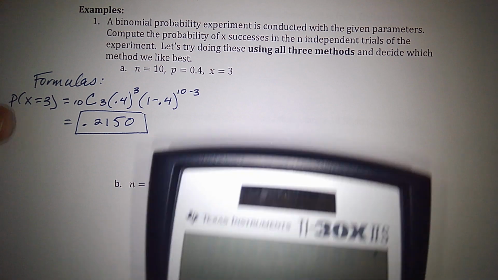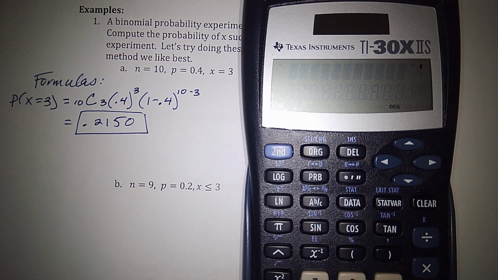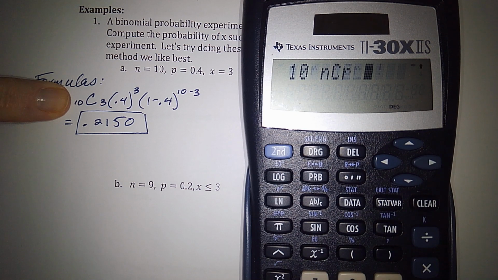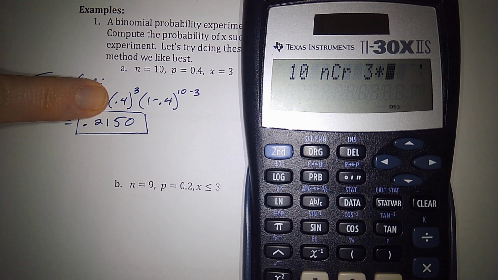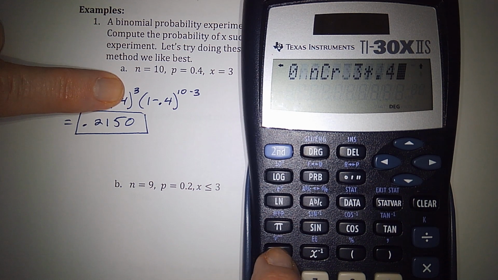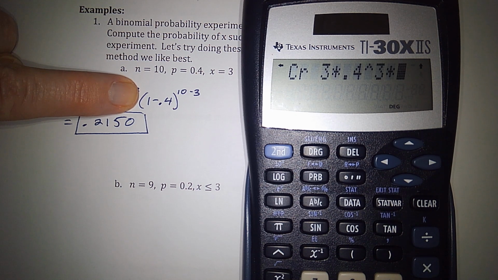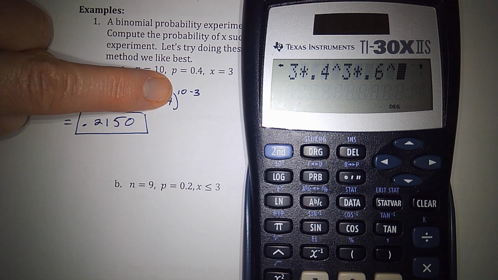So in my calculator, I'm going to do a combination of 10 items taken 3 at a time, times the probability of success to the third power, times the probability of failure, which is the other 60%, to how many failures you want, which is 7.